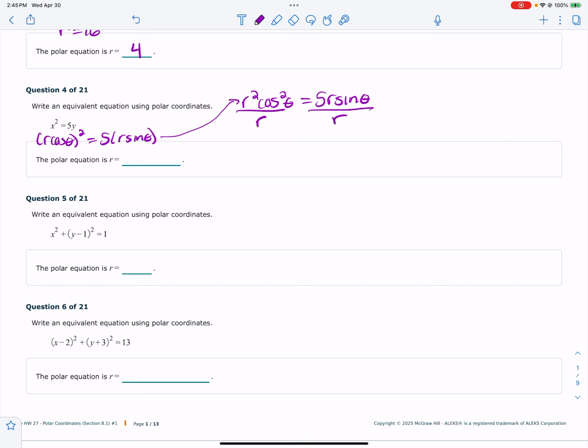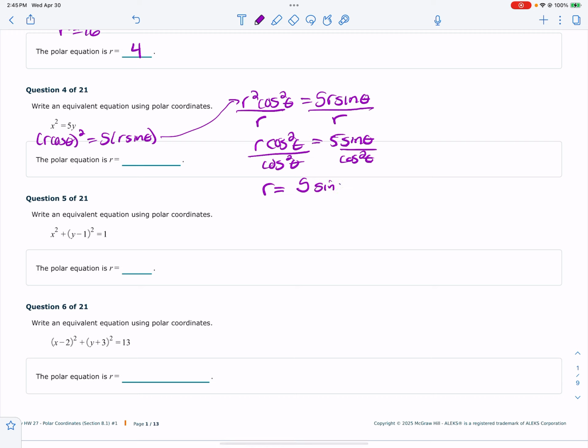So the first thing we're going to do, since one of our equations has a square and one of them does not, just divide everything by r, and that'll leave us with r cosine squared theta equals 5 sine theta. And so now divide both sides by cosine squared, and we have r equals 5 sine over cosine squared.